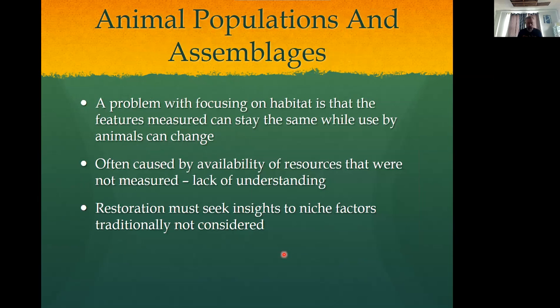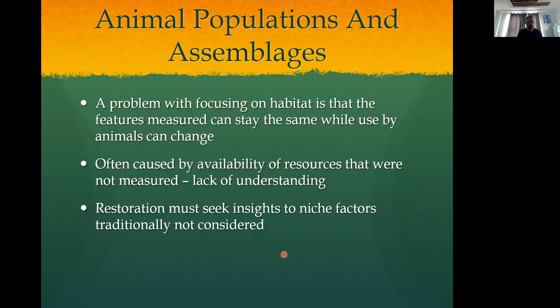One of the issues that we've got when we focus on habitat exclusively, though, is that while the things we're measuring might stay the same, a meadow might be the same year in and year out, animals might choose to use it differently. And one of the things that happens when we see changes in habitat use through time is not that the animals themselves are really changing a whole lot, it's that something that we didn't catch is changing.